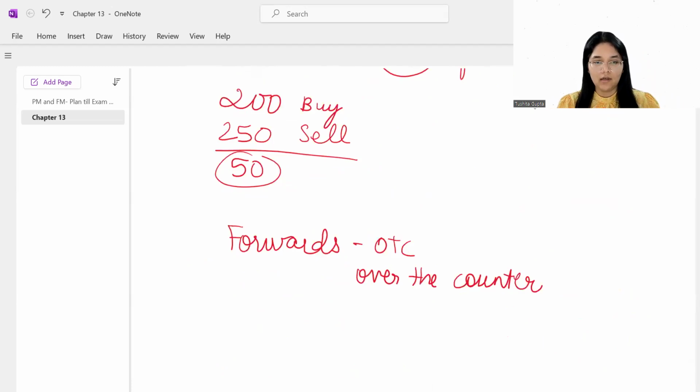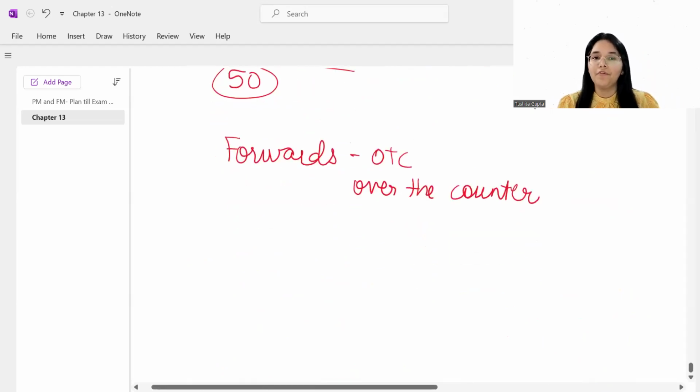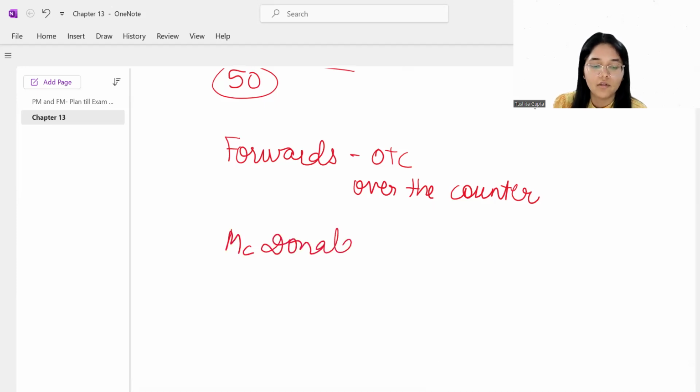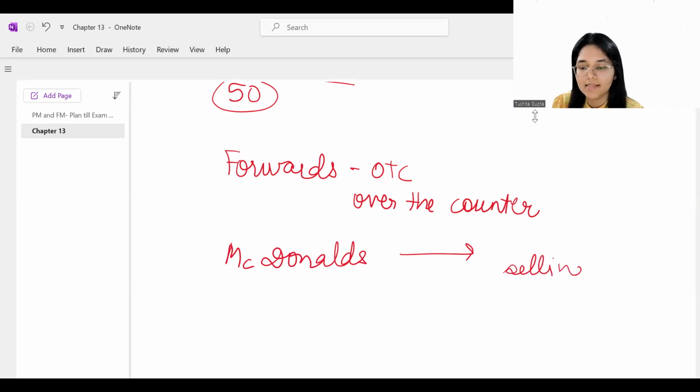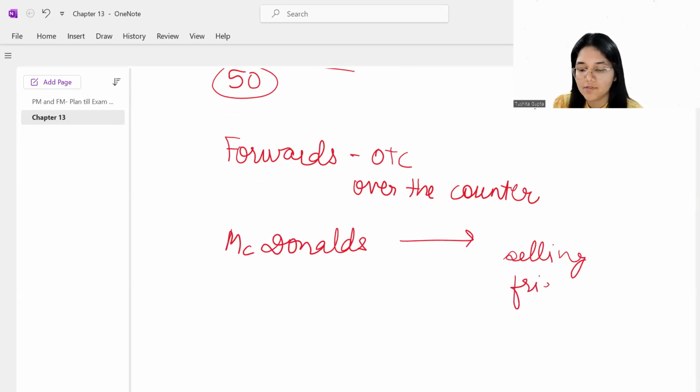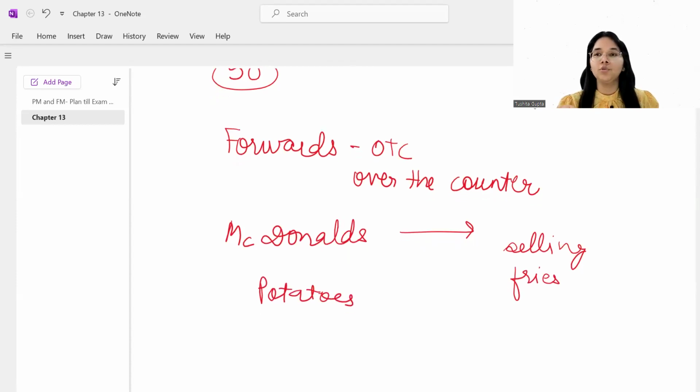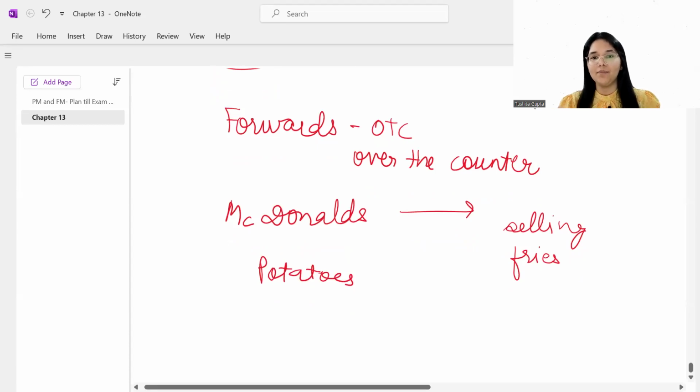To understand this better with the help of an example, let's suppose you are McDonald's. Your primary business pertains to selling burgers and fries. For fries, what's your main ingredient? Potatoes. You know that you have this much demand every month, or in these many months you're going to need this many kgs of potatoes.